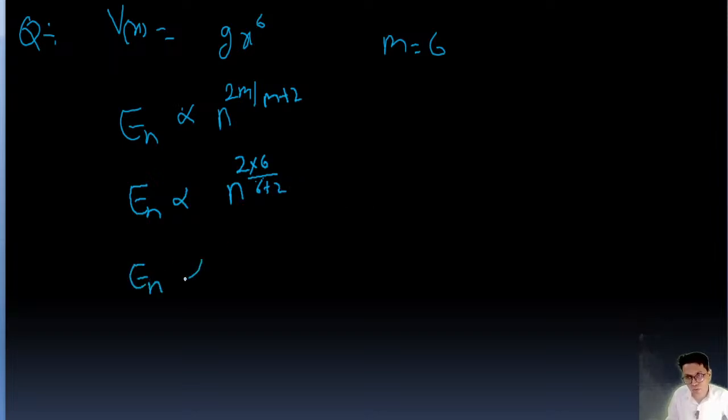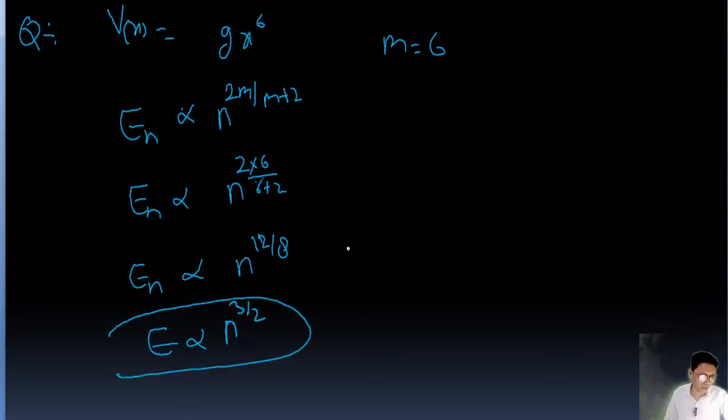So En is proportional to n to the power 12 upon 8. So En is going to be proportional to n to the power 3 by 2. Okay, very important, very simple question.